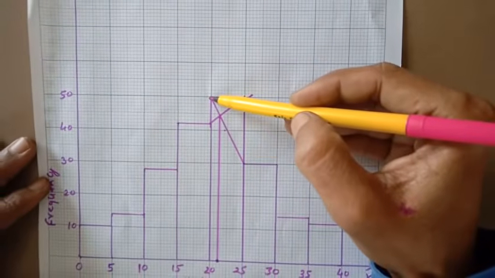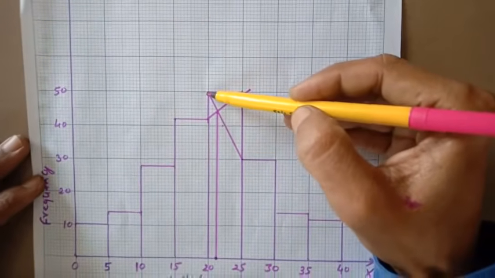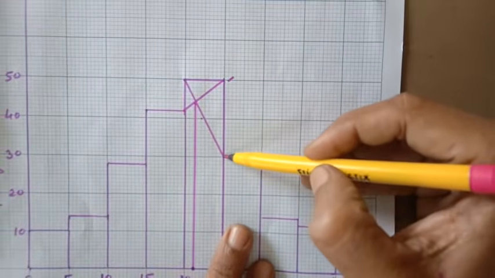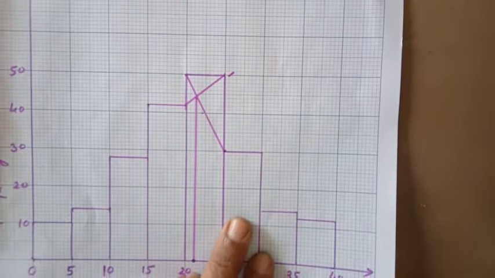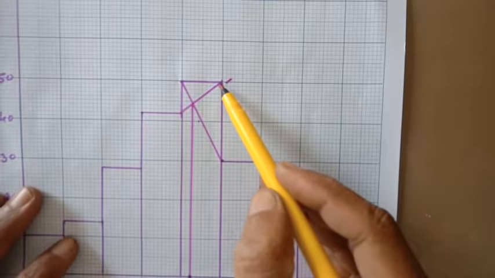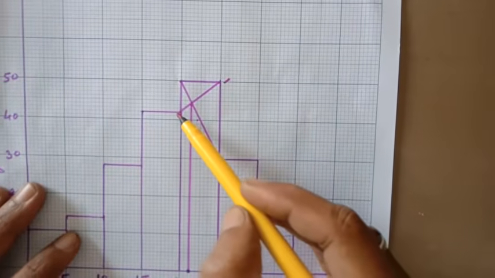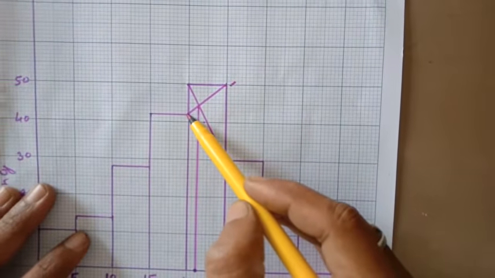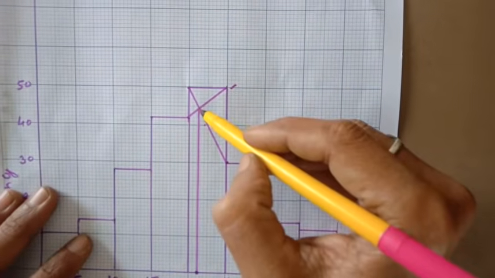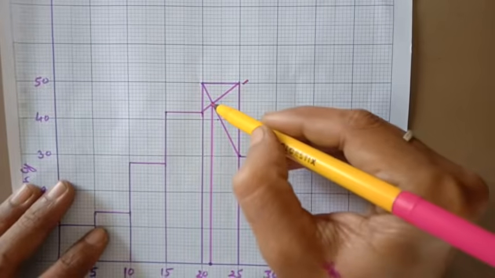The left top corner will be joined to the left top corner of the next rectangle, and the right top corner will be joined to the right top corner of the previous rectangle. We see that they intersect at this place.